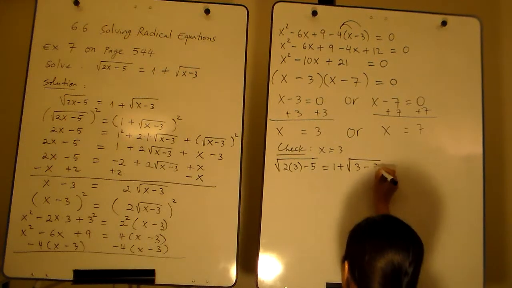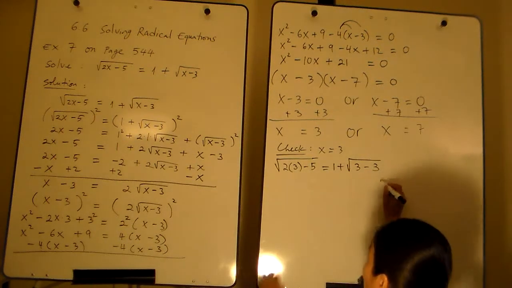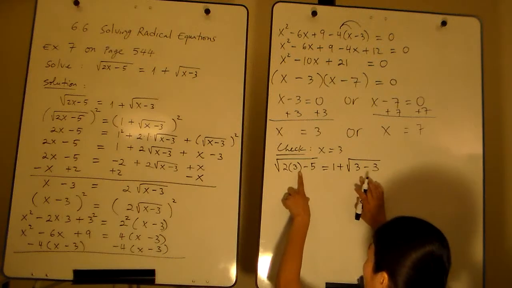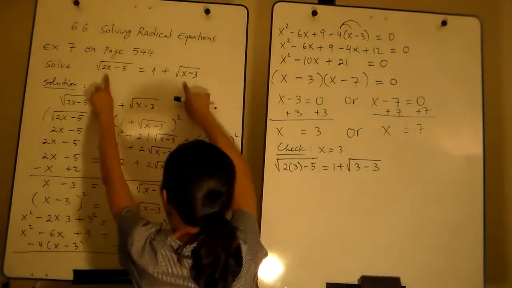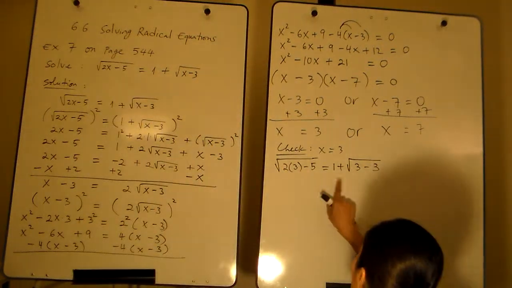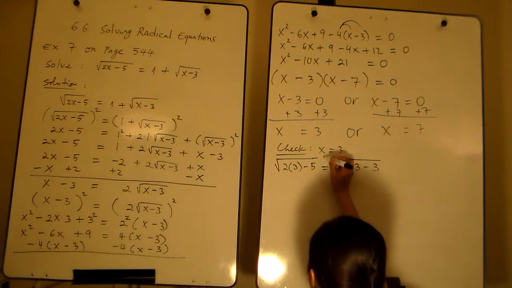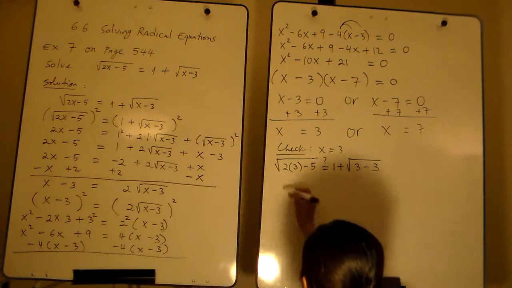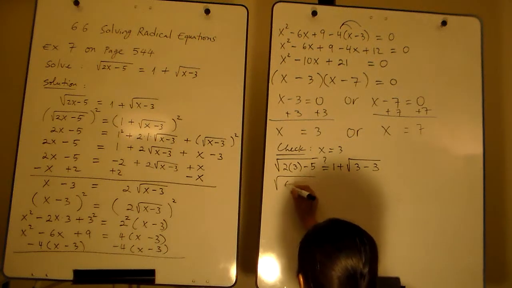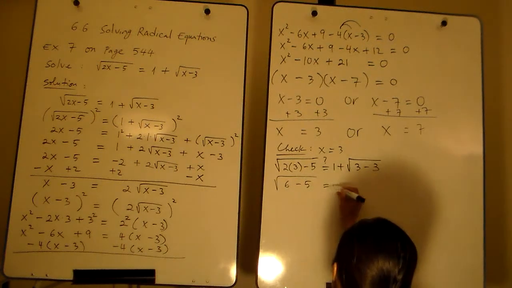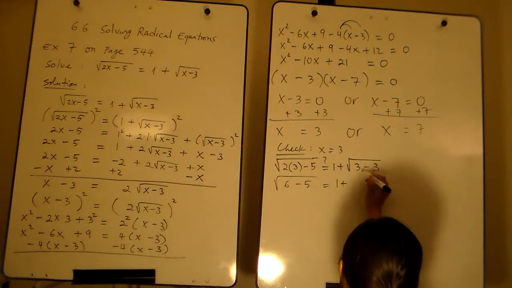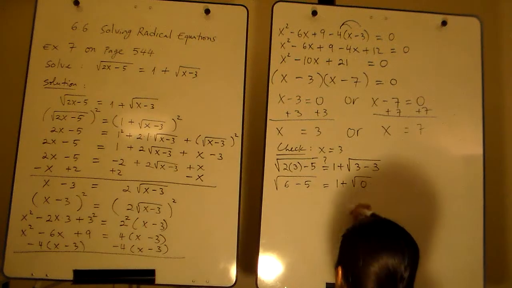Once I replace x with 3 on both sides of the equation, I don't know if the left-hand side still equals the right-hand side, so I put a question mark. 2 times 3 is 6, minus 5 equal to 1 plus square root of 3 minus 3 is 0.